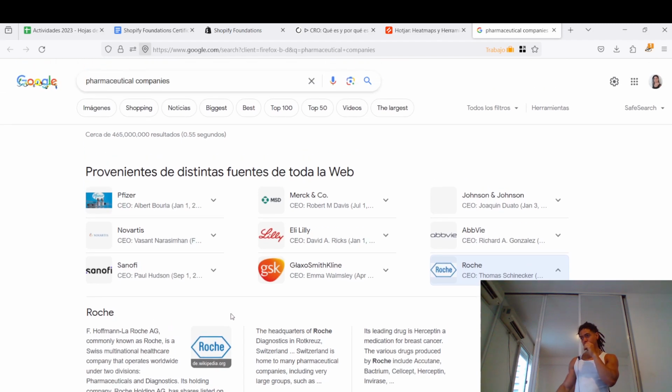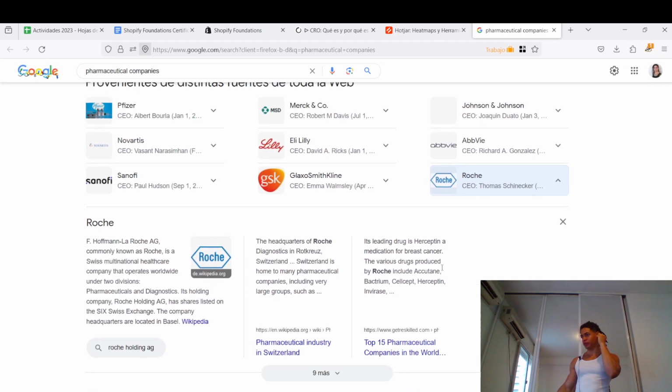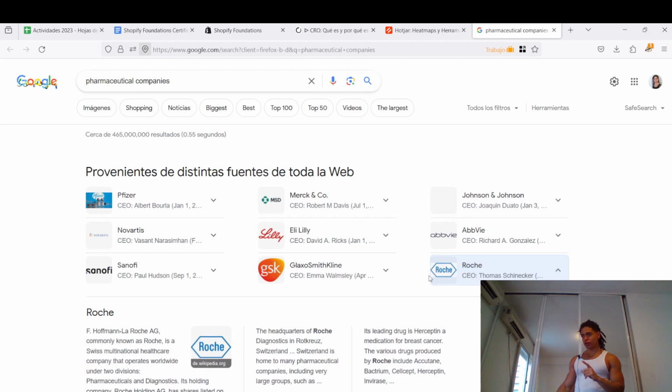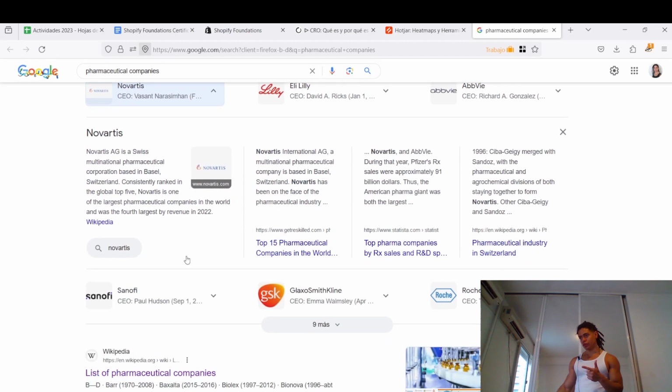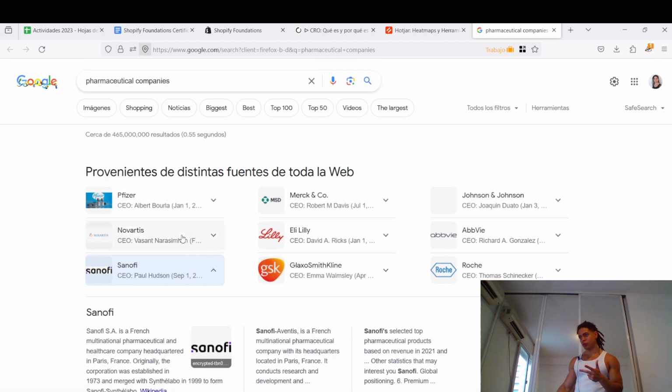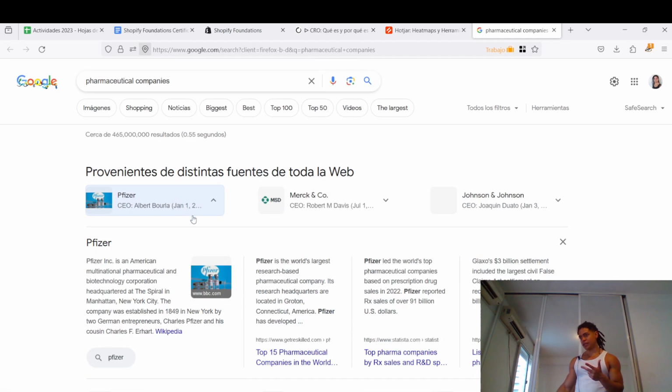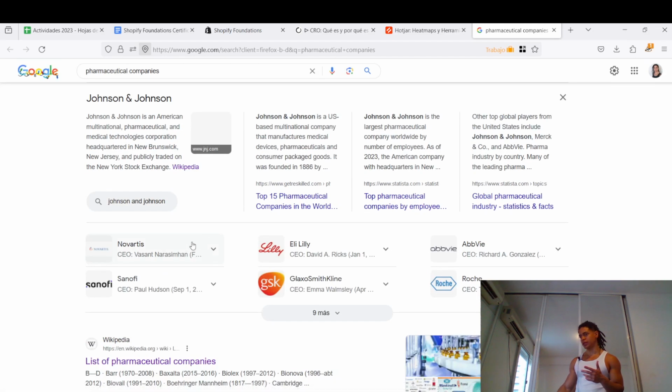Roche, Swiss multinational. Interesting. Roche and Novartis are both multinational Swiss pharmaceutical companies.